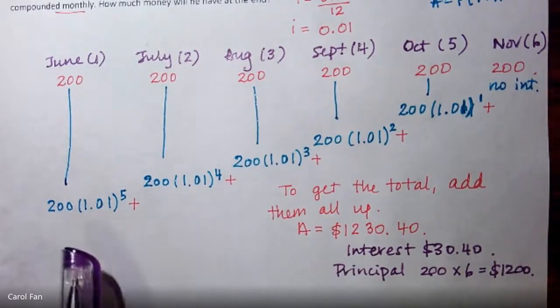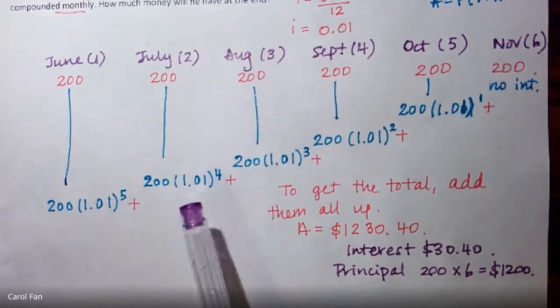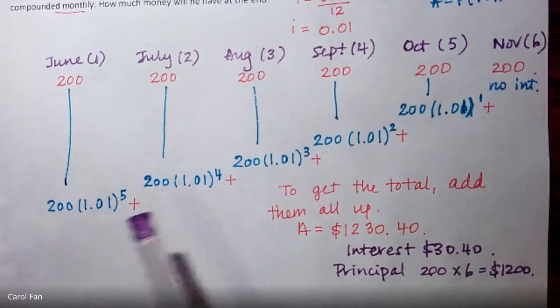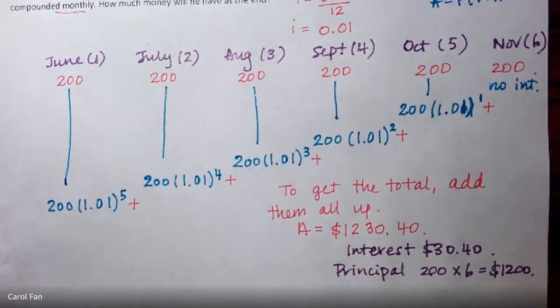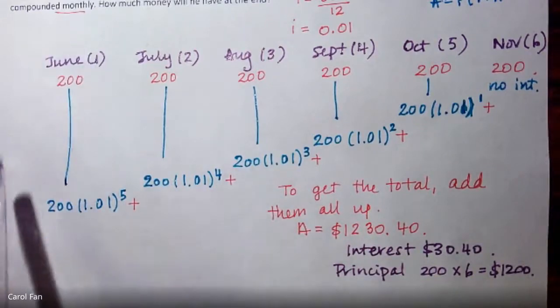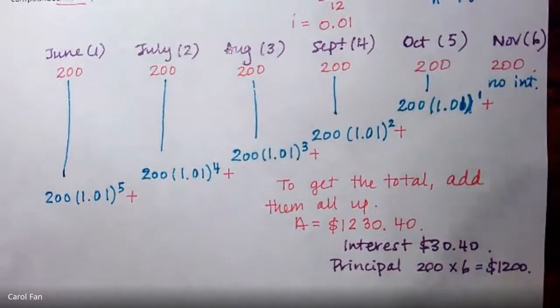Now, this is one way to calculate an annuity. I had equal payments made at equal intervals, and I calculated the interest that I would get in each month. But sometimes when I have an annuity that has so many periods, it would be incredibly difficult. So we can use an equation.